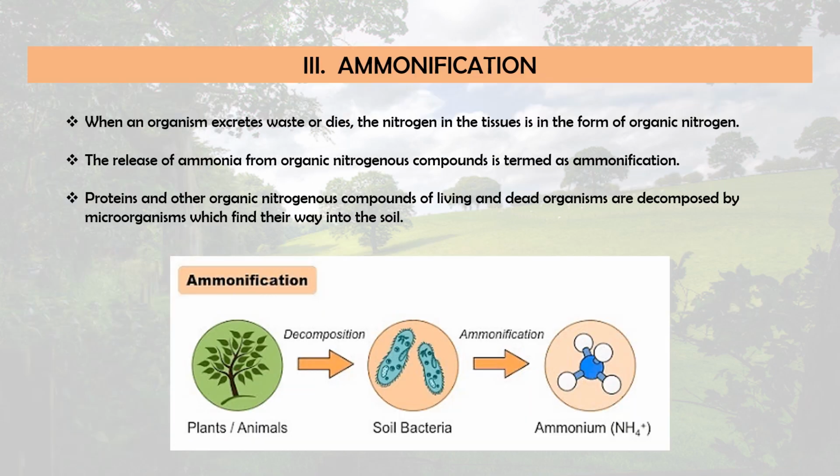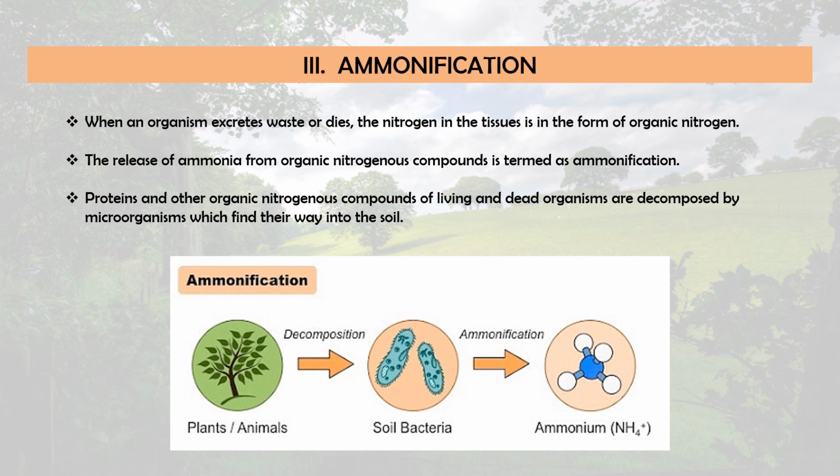Next process is ammonification. Here, when a plant or animal dies, or an animal expels waste, the initial form of the nitrogen in the tissues is in the form of organic nitrogen. The release of ammonia from organic nitrogenous compounds is termed as ammonification.